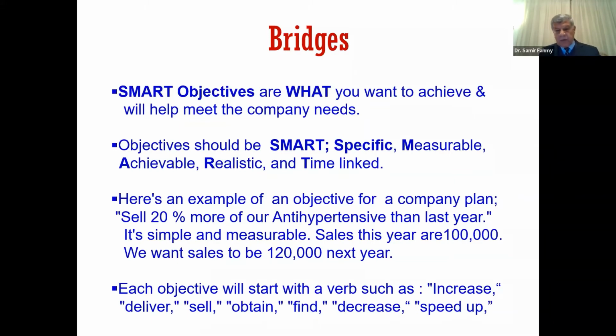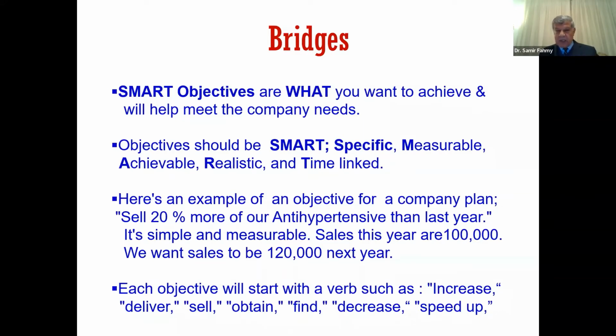Here's an example of an objective for a company plan. We said we need to apply the SMART: specific, measurable, achievable, realistic, and time-bound. For instance, we might say selling 20% more of our antihypertensive than last year.